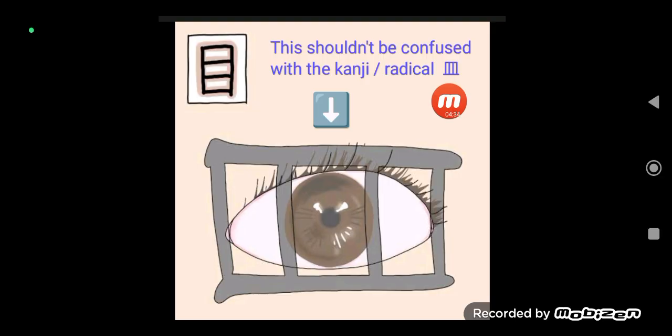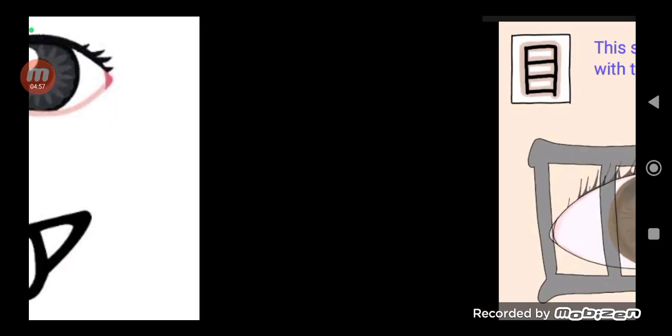This kanji and at the same time radical is sara, meaning plate or dish. It just happened that it looks like sara because the kanji me was rotated 90 degrees clockwise, just to relate that it is an eye. It's a depiction of an eye, so don't get confused with the radical.